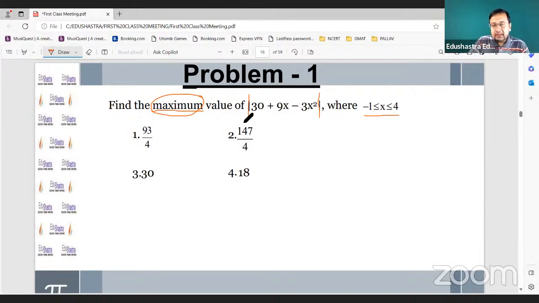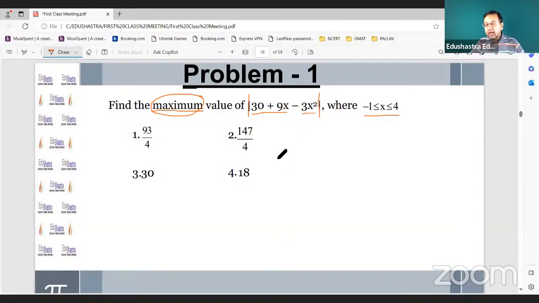Now, just see, this is a quadratic expression, 30 plus 9x minus 3x squared. If I look at this expression, 30 plus 9x is the positive part and 3x squared is the negative part.